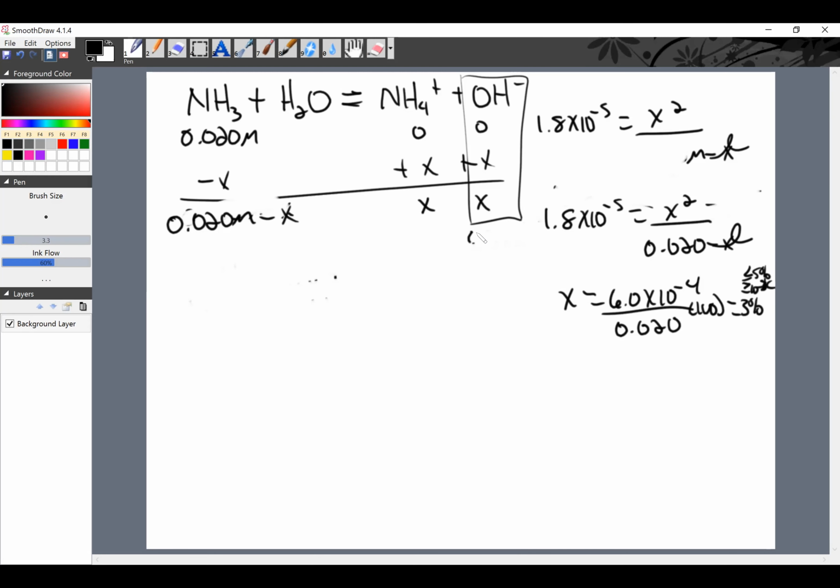Okay, gonna plug it in. So this is 0.00, how many sig figs? One more. Okay, so I'm gonna take the negative log.